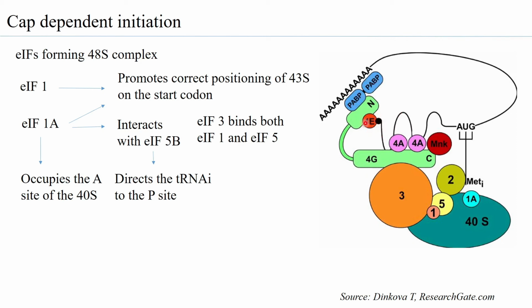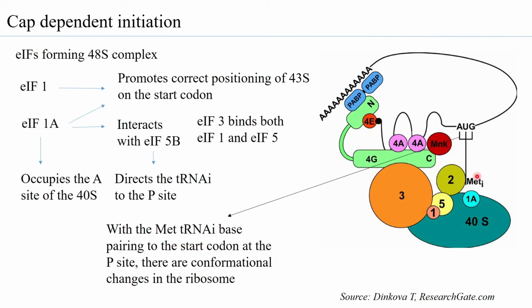So you can see the 5' cap is close to the 3' end of the mRNA. So you have the entire mRNA circularizing to have the 3' poly A tail very close to the 5' cap. So this overall is what is understood to be the 48S complex. So you have eIF1, eIF5 and eIF1A, and as you can see, 1A is covering the A site.